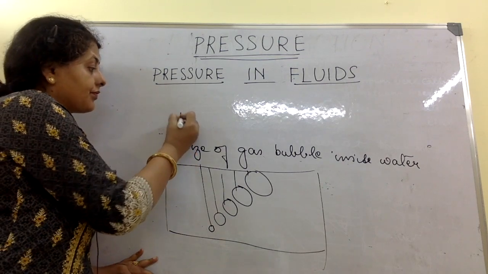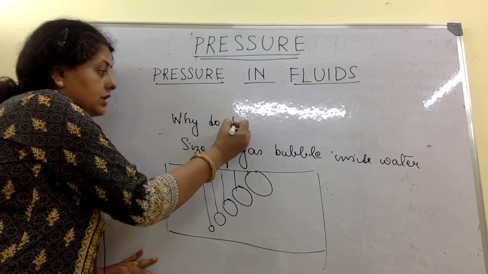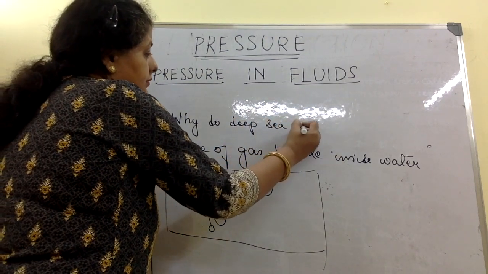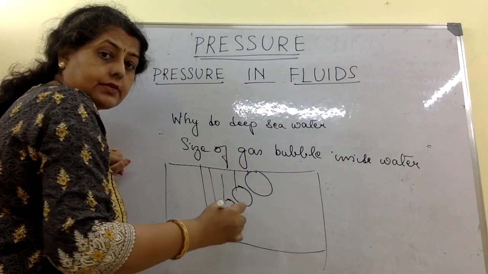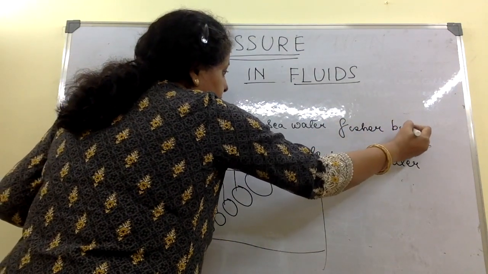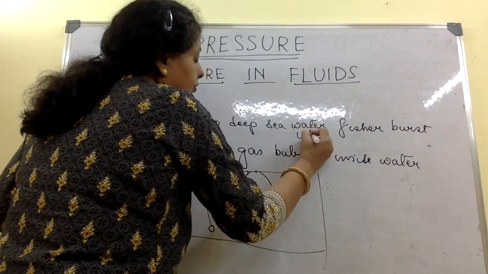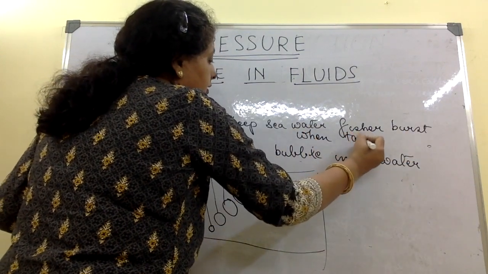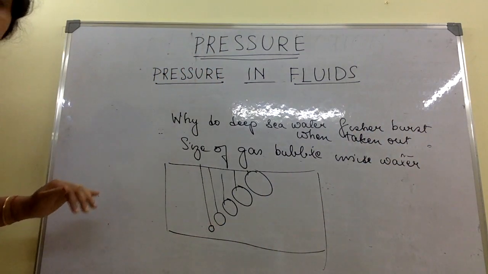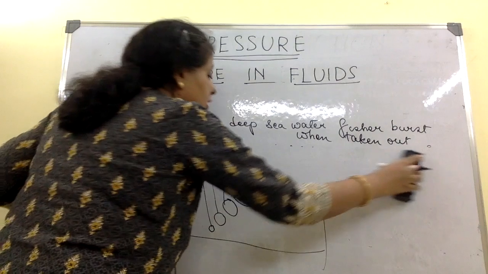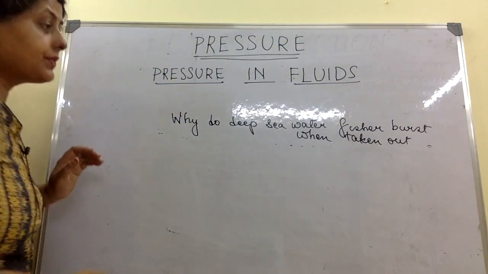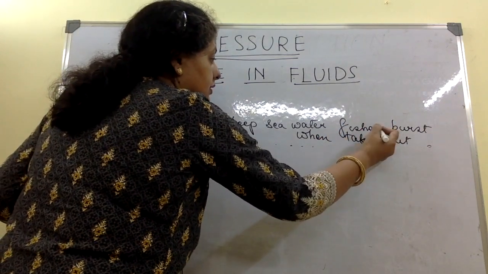Why do deep sea water fishes burst when taken out? This is a very common question. Why do deep sea water fishes burst when they are taken out? Now, why do they burst?